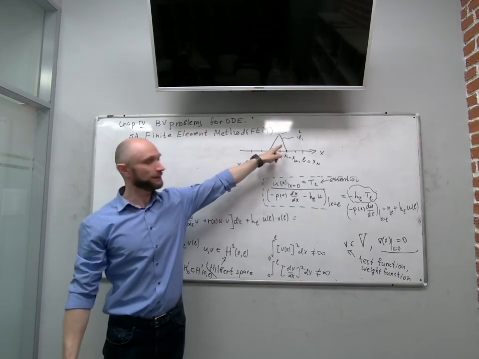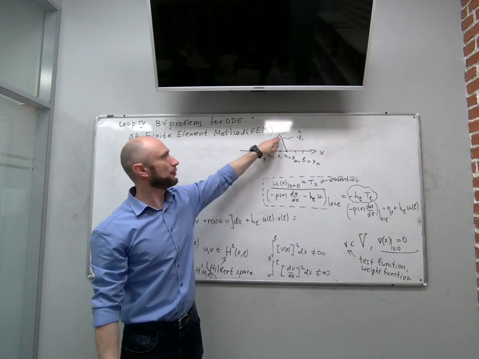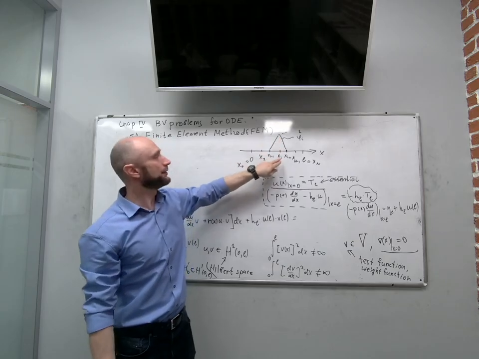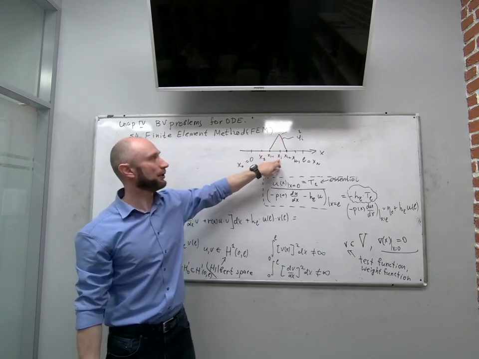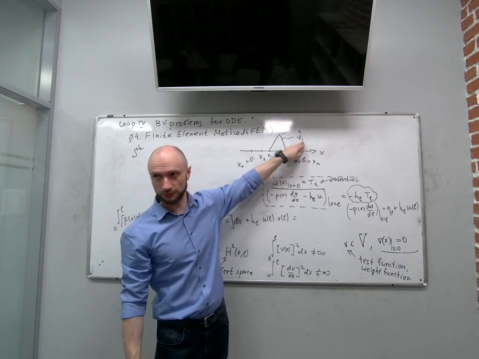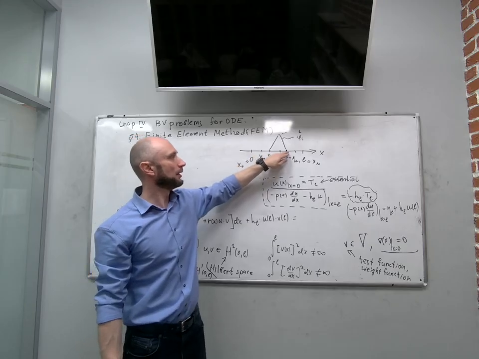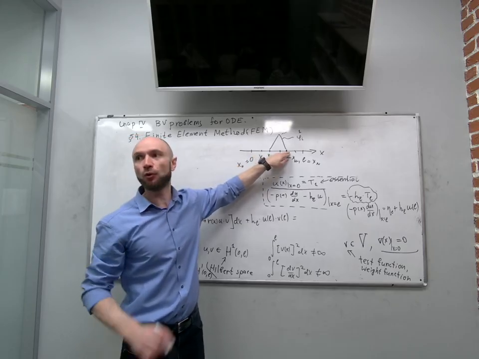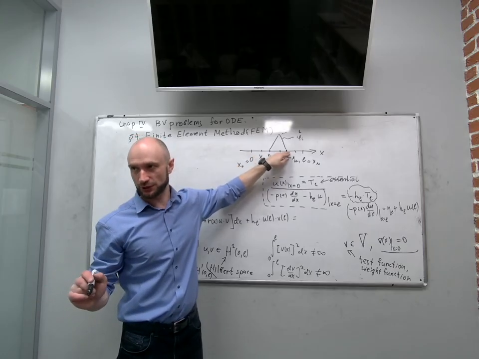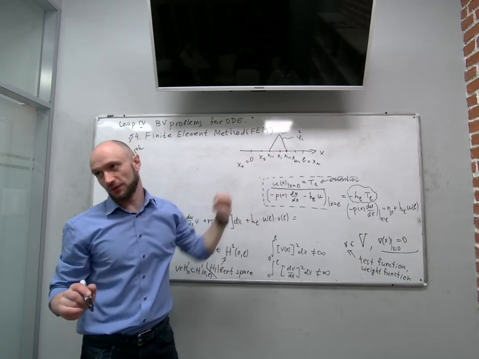This function phi_i takes the value of 1 at the node with the number which is the same as the number of the function, and it takes the value 0 at all other nodes of our mesh. And it changes linearly between the nodes.